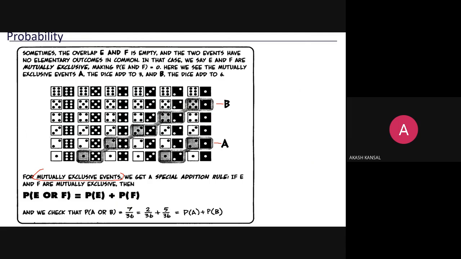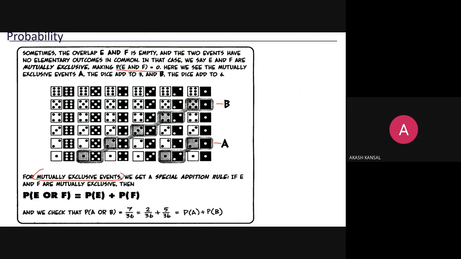So these will be mutually exclusive events, and in that case, probability of E and F will be 0 because they are mutually exclusive. That's why the probability of both of them occurring is 0.